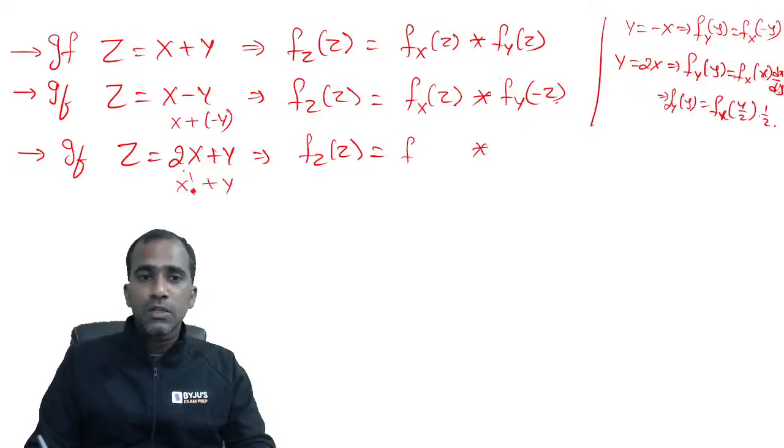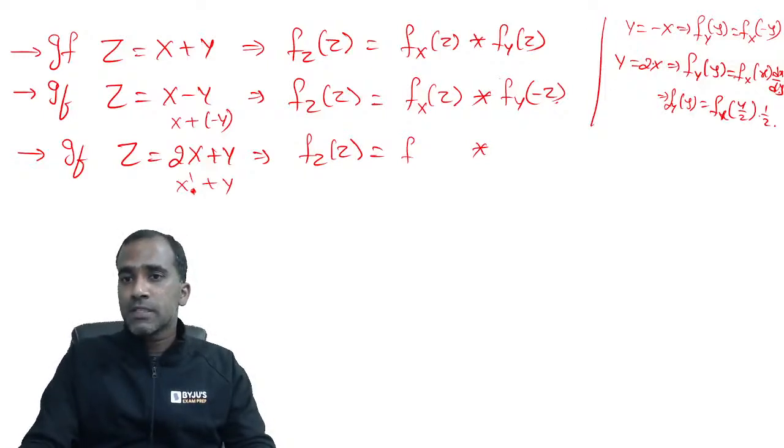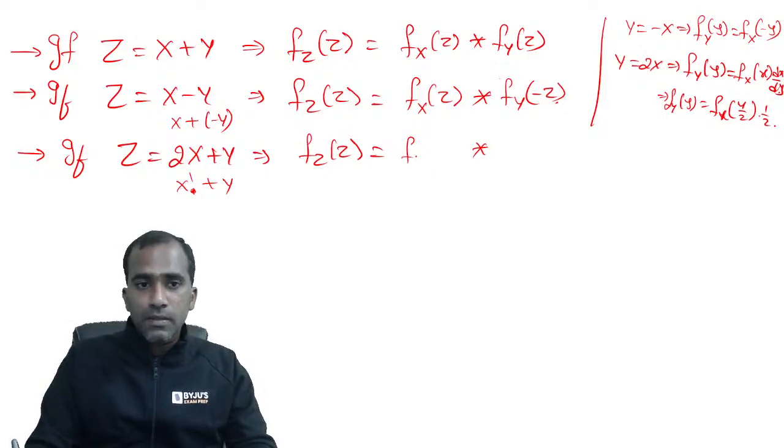X dash is 2x. If x dash is 2x, then the PDF of x dash, inside it will be y by 2, outside it will be half. So it will be fx of x by 2 into outside it is half. This relation I'm using. And fy of y as it is.